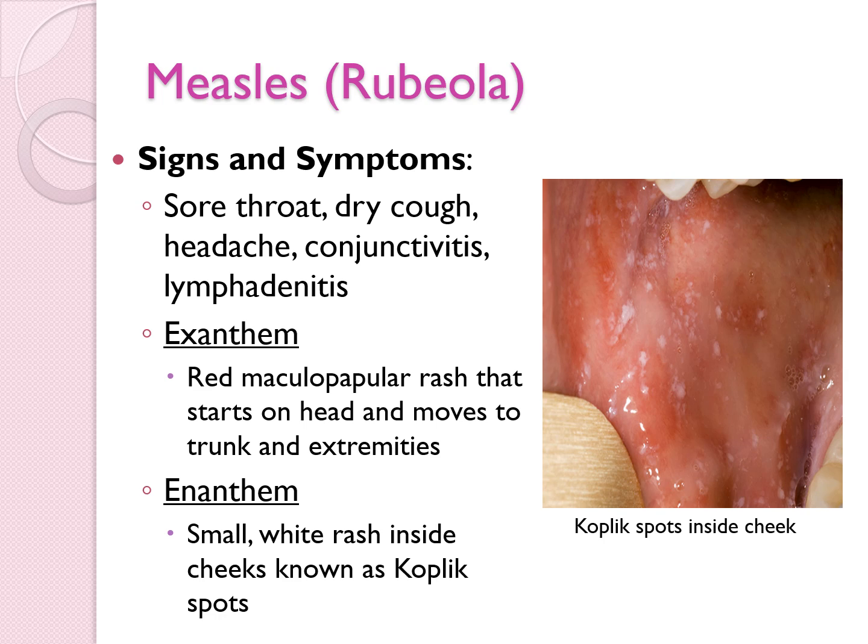So we do have that exanthem rash, which is going to be these red maculopapular rashes starting on the head and usually moving to the trunk of the body and sometimes to the extremities. However, the Koplik spots on the inside of the mouth, usually inside of the cheek, maybe the back of the tongue, and maybe the roof of the mouth, are a very defining feature of measles. So that is a very important symptom that I would like for you to write down and know.